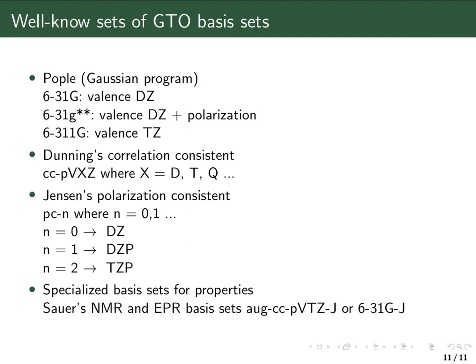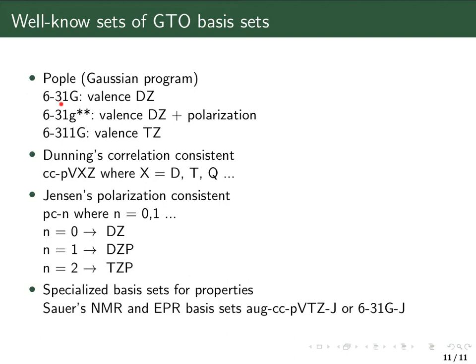And then again, like for the core orbitals, the number which stands there tells you how many primitive Gaussian functions are included in the contracted Gaussian functions. So a 6-31G basis set has one contracted Gaussian function for the core orbitals consisting of 6 primitives.